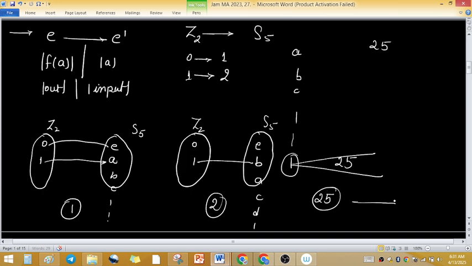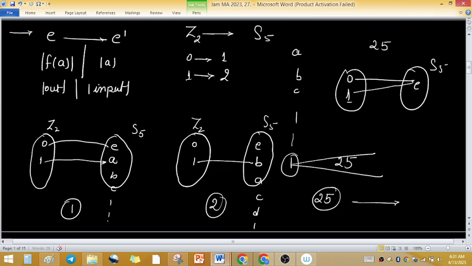And one homomorphism is trivial. The trivial homomorphism looks like this: we have two elements in the domain and there are many elements in S5, but every element goes to the identity.